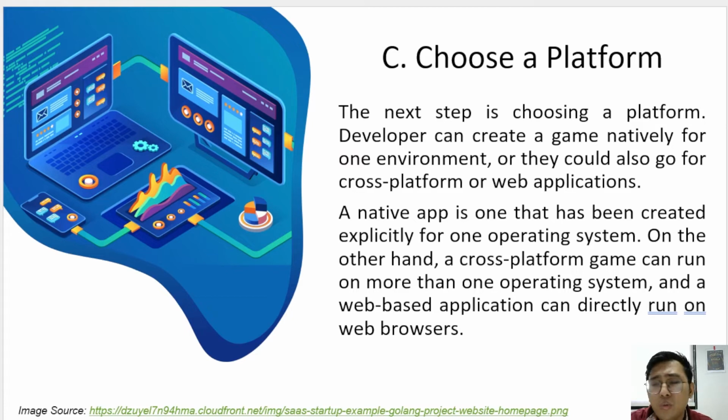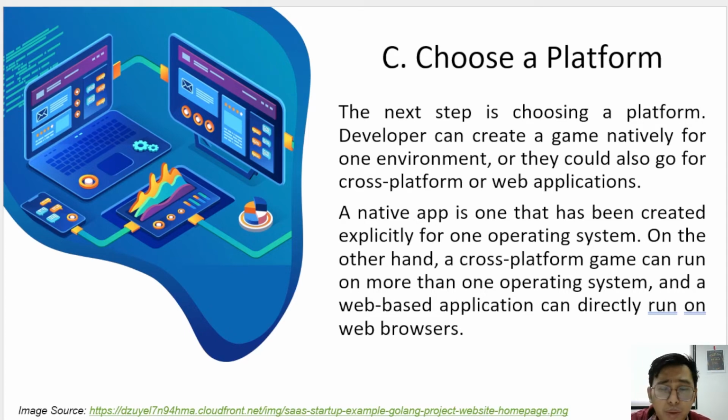For one example, what we call a native app is one that has been created explicitly for one operating system, and it's the common case and the term of the native app. But on the other hand, a cross-platform game can run on more than one operating system, and that's the technology in game engines that we usually have now.